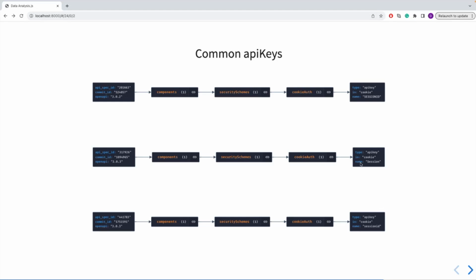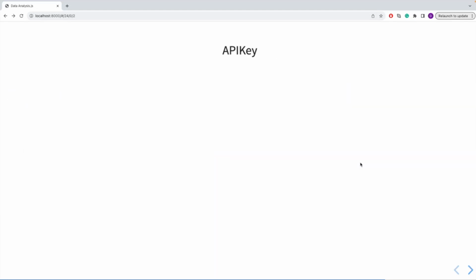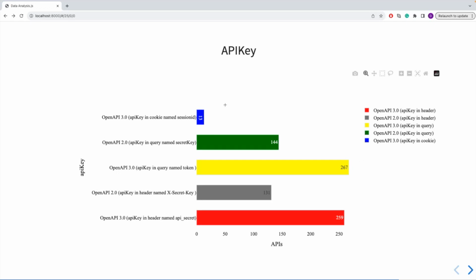We can find these cases, and we can also count the most common variations of the names, and how many APIs have the same structure but with different names for the key. For example, we can see that most of the OpenAPI version 3.0 definitions, for 267 APIs, are defined here.